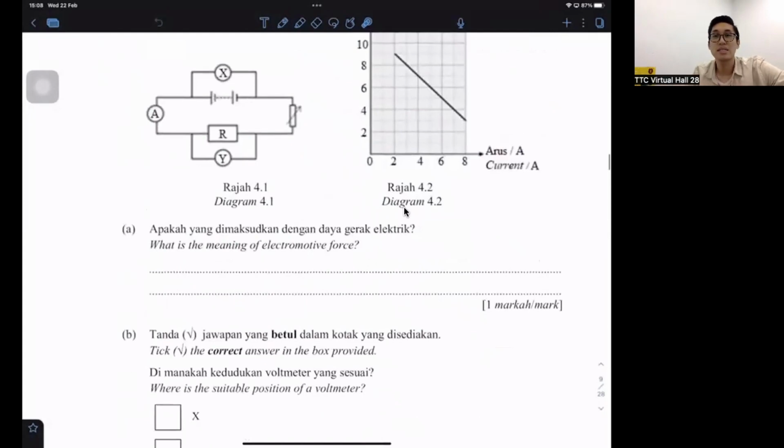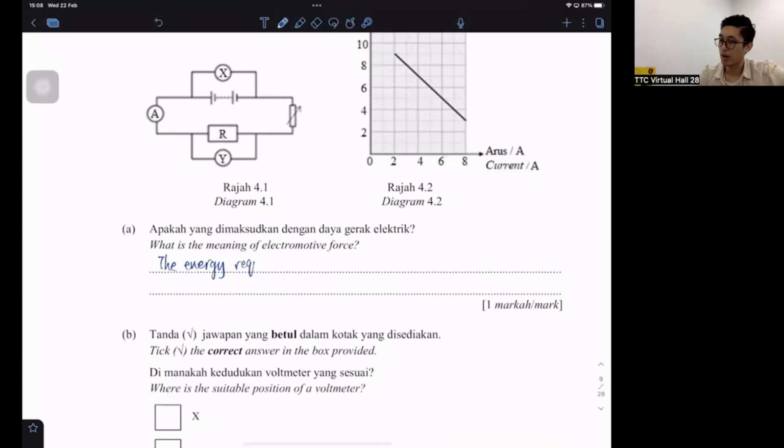Number 1, what is the meaning of electromotive force? So like just now I said, electromotive force is how much energy to push one charge to go around the whole circuit. So you can say the energy required, or you can say the work done. Both are the same, work done and energy.